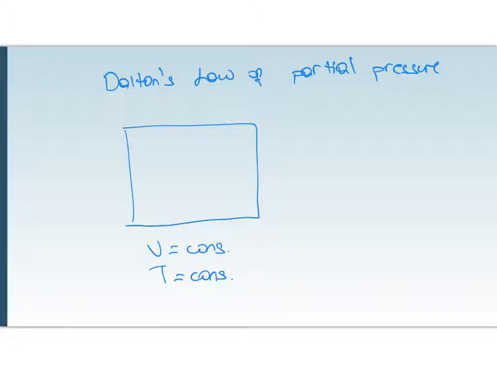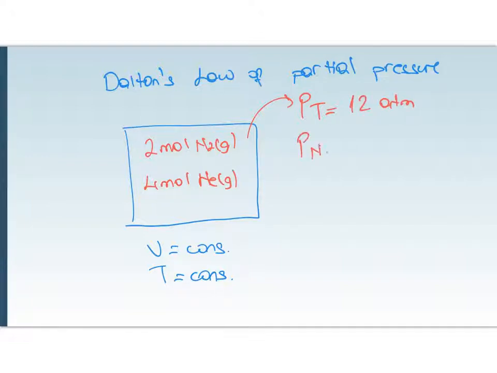And you have different types of gases. For example, you have 2 moles of nitrogen gas inside it, and 4 moles of helium gas. Let's say this container has a total pressure of 12 atm. You can find the pressure of nitrogen and the pressure of helium separately.